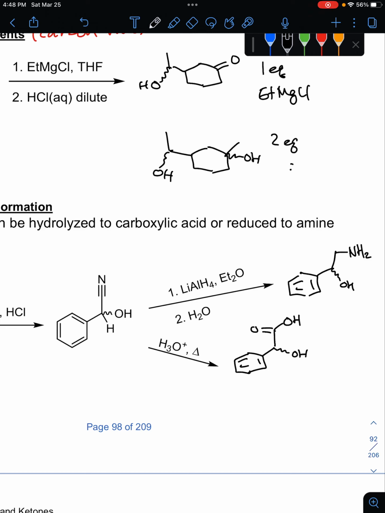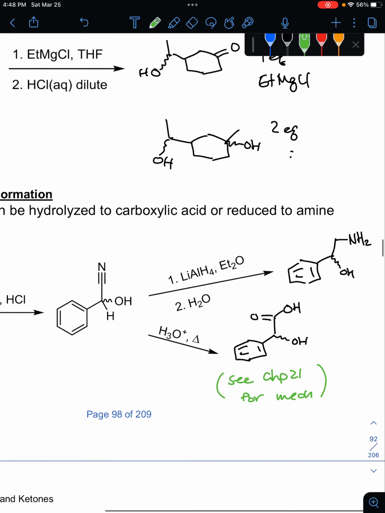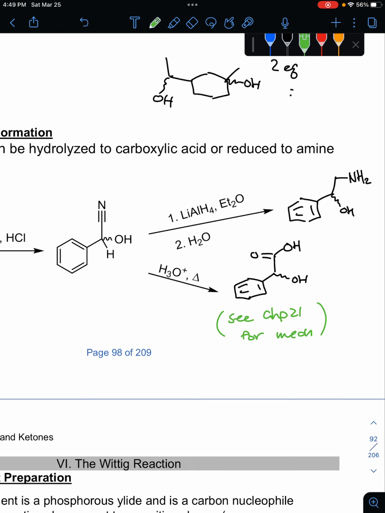The mechanism here is kind of complicated, not complicated, but would suit better in chapter 21. So for both of these reactions, I'll refer us to what we're going to cover in chapter 21 for the mechanism. For now, I just want you to be familiar with the results. This is one way you can make an amine or carboxylic acid: reduction of a nitrile, or hydrolysis of a nitrile with acid, would give us that.